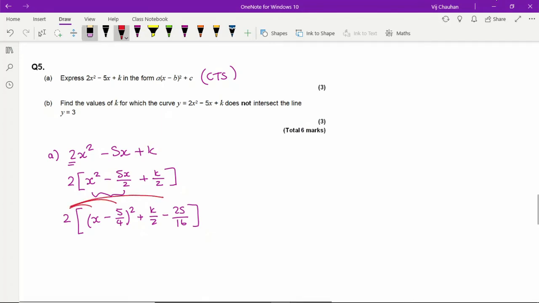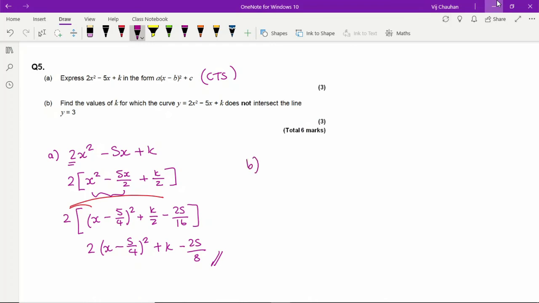There's only one bracket needed there, so let's get rid of that. And then what I've got is 2(x minus 5 over 4) squared plus k minus 25 over 8. And there is the expressed value.